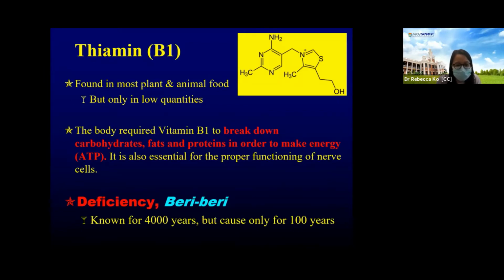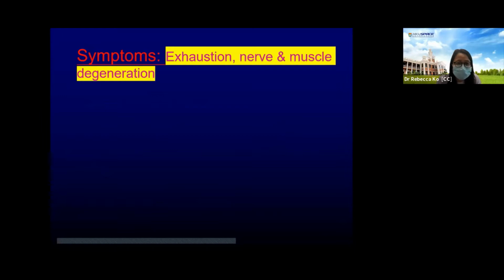You know, this disease was found a long time ago, but its causes were only discovered around 100 years ago. And what are the symptoms of this disease? That is exhaustion, nerve and muscle degeneration.